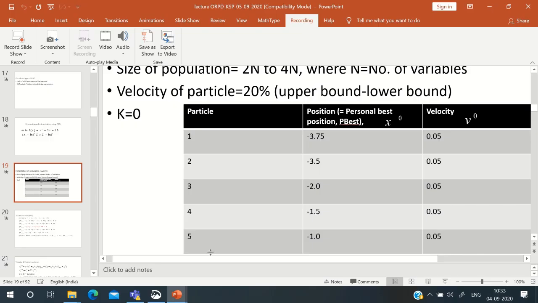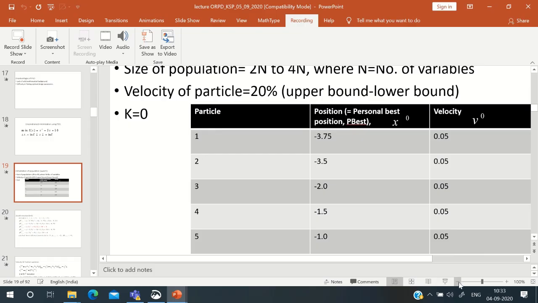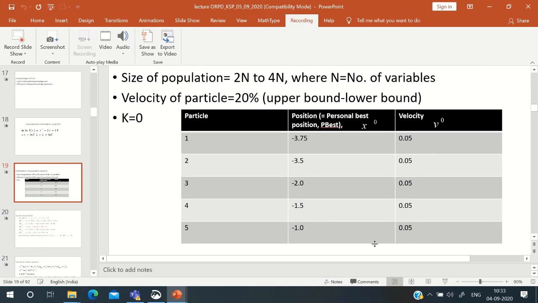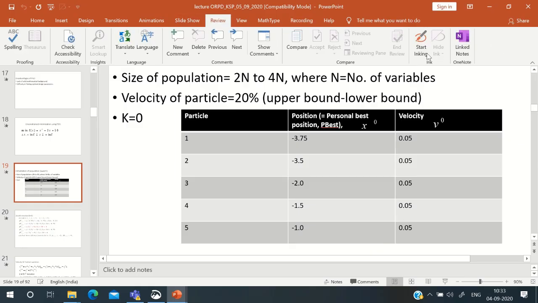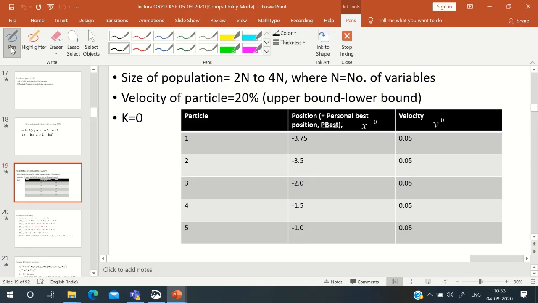So in the first step, initialize the particles. It means initialize the x values of the particles, and I call it as x superscript 0.